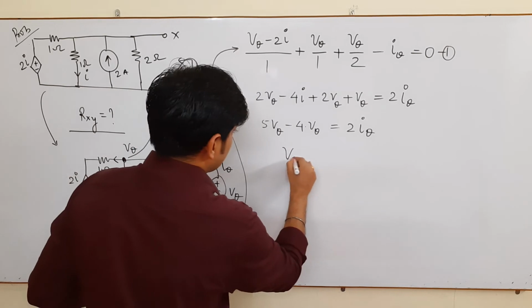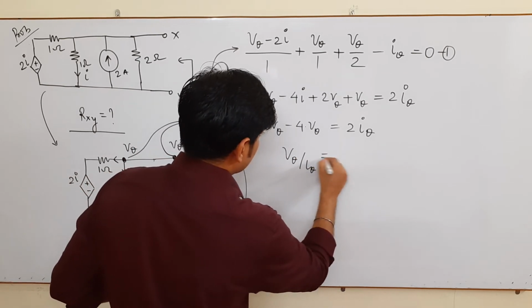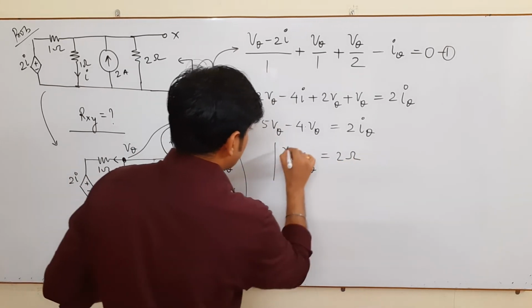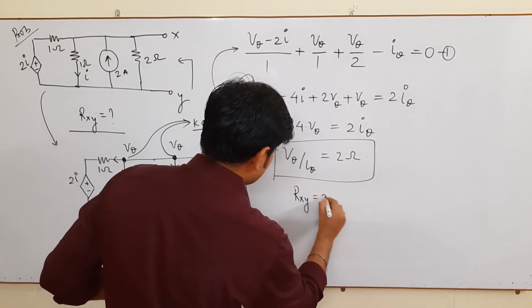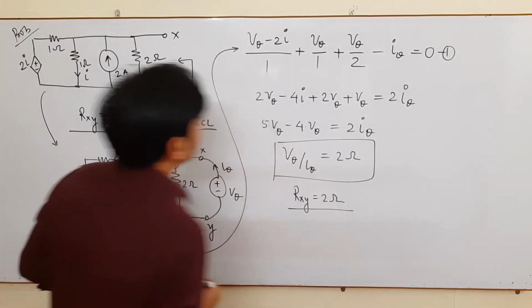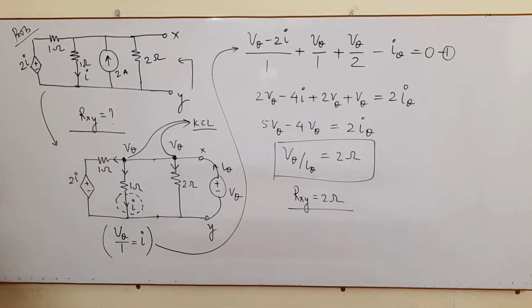So V theta upon I theta comes to be 2 ohm, and this is your Rxy, that is 2 ohm. So very simple, we have solved this network.